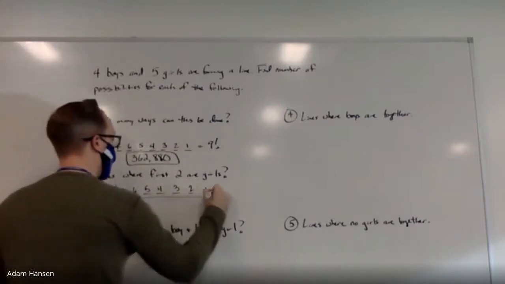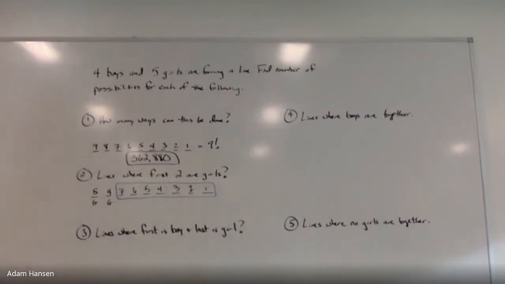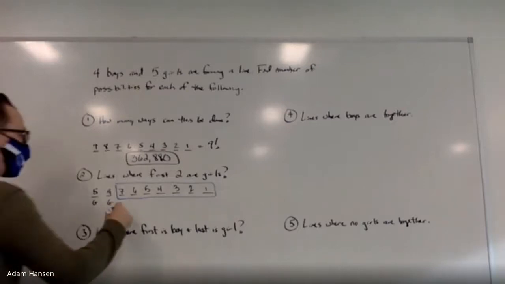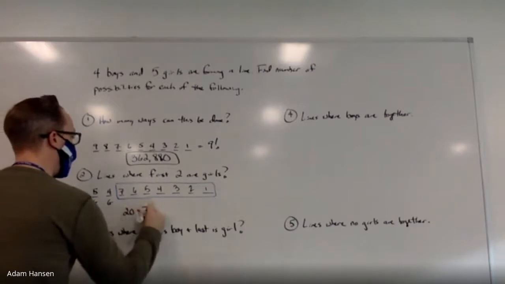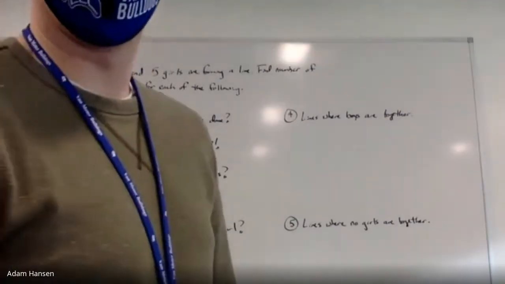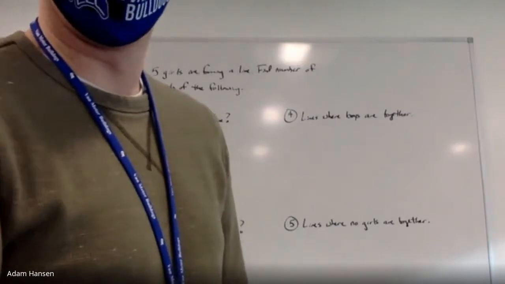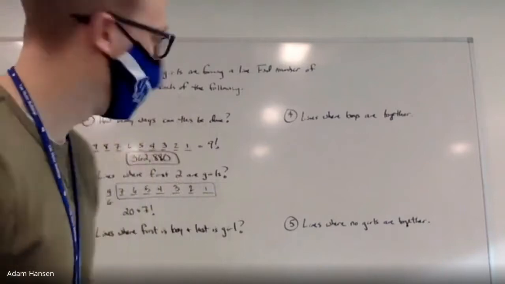This part of my sequence is really what 7 factorial. It's 5 times 4 times 7 factorial, or 20 times 7 factorial. $100,800.